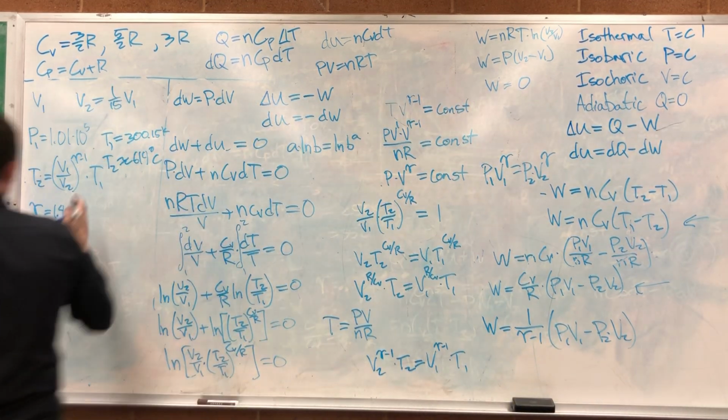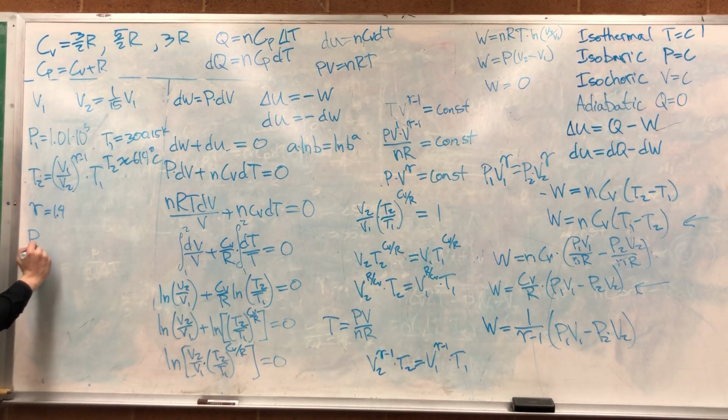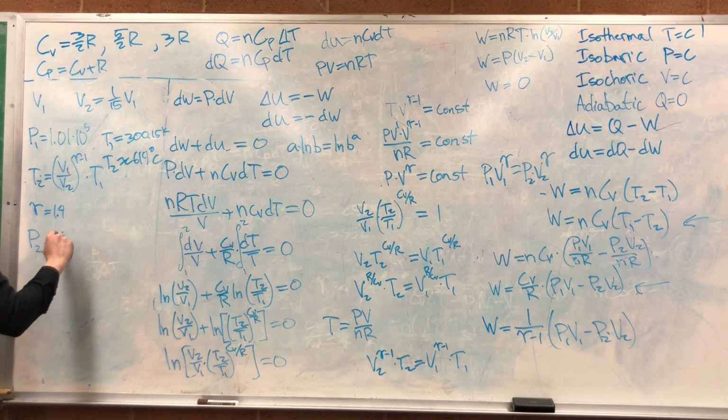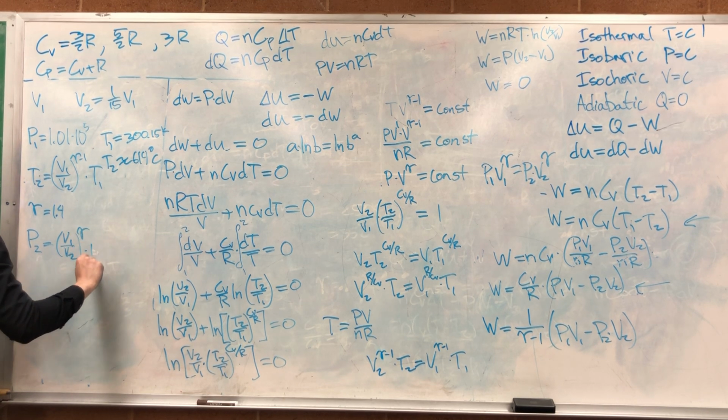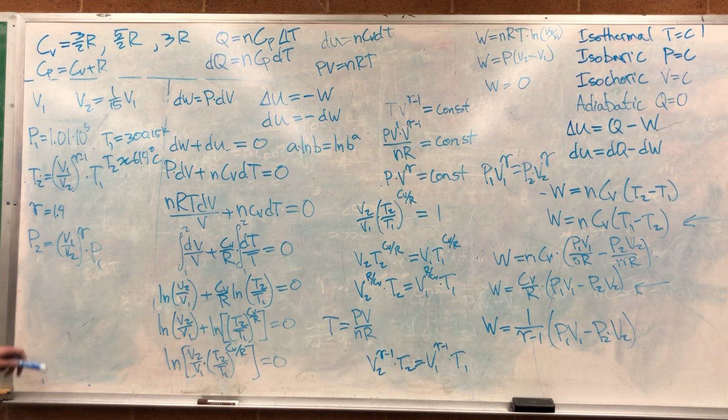Okay, so back over here, we do almost the exact same thing now. Now I can find my pressure at time 2. That's going to be equal to, we had it with volume, my volume at 1 over my volume at 2 to the gamma times my pressure at 1, right?